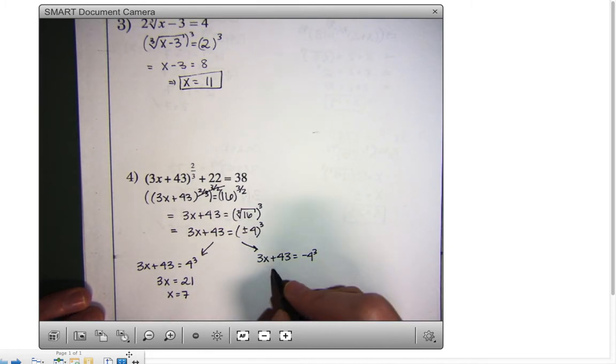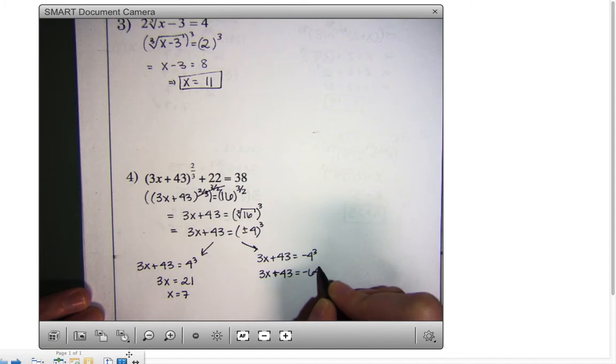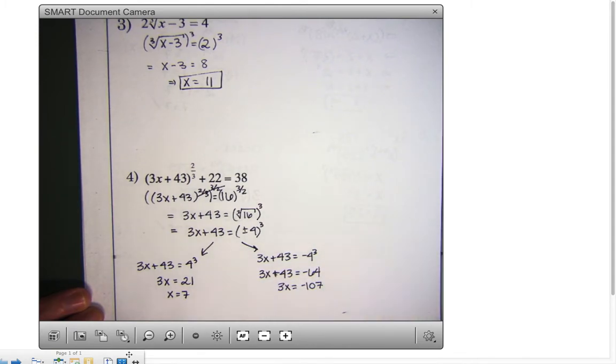Do 4 cubed, subtract 43 to get this 21. Here I end up with, let's see, 3x + 43 equals negative 64. 3x equals negative 107. Let's just leave this as negative 107 over 3.